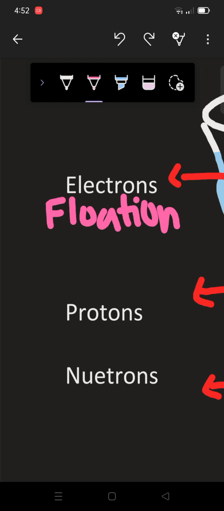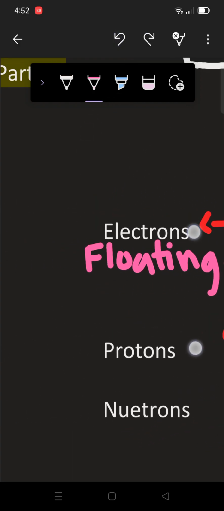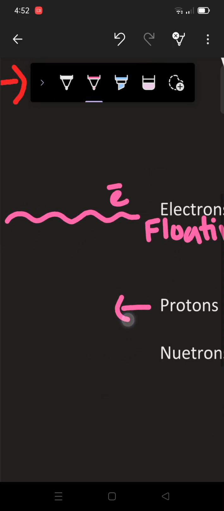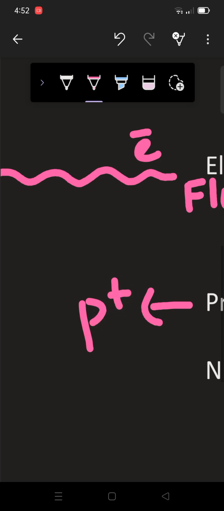Initially they will be floating in a single or straight direction like this. However, it has a negative charge. Alright, and protons, we know that, are in the middle and they have the positive charge.